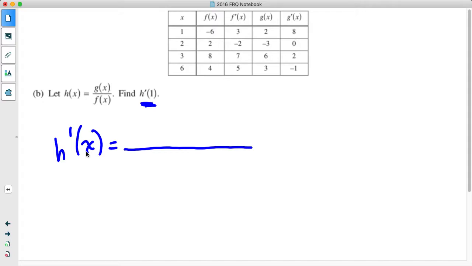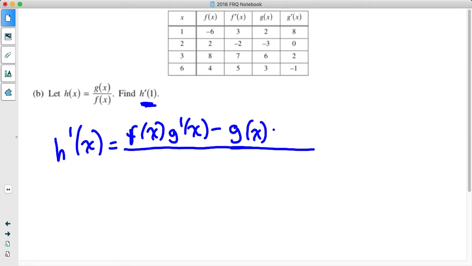All right, so what we're looking for is low f of x, d high, which means the derivative of the top, so g prime of x, minus high g of x, d low, the derivative of the bottom, f prime of x, over the denominator squared, so that's just f of x, that quantity squared. All right, so low d high minus high d low over low squared.